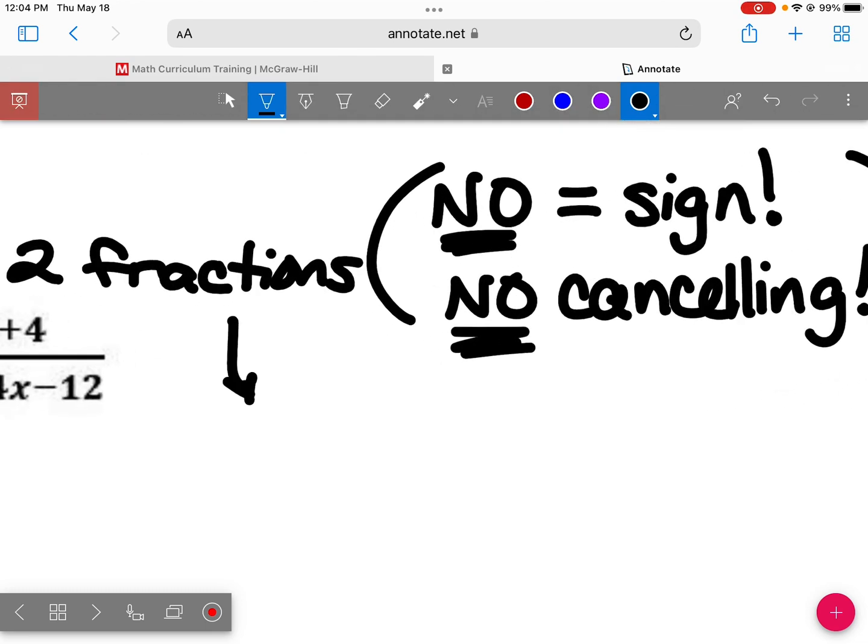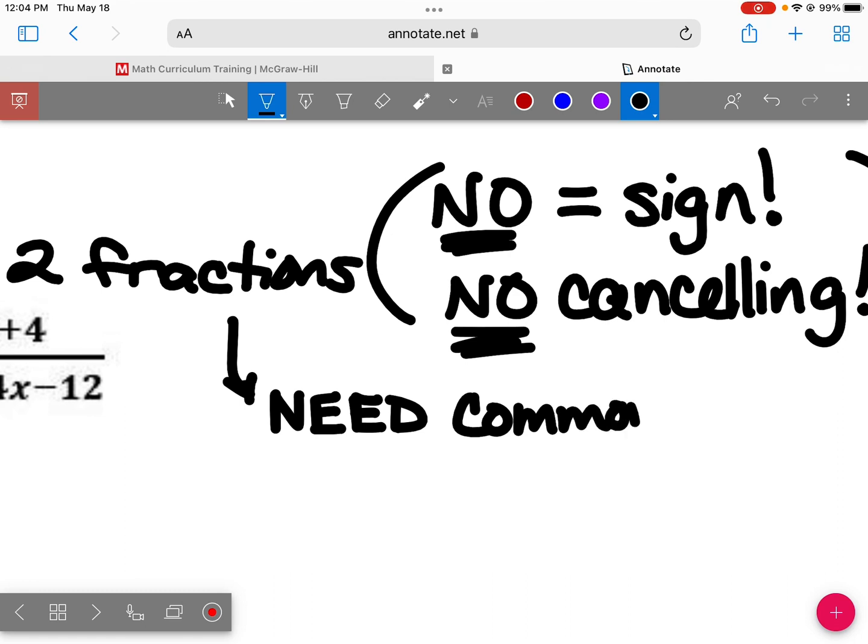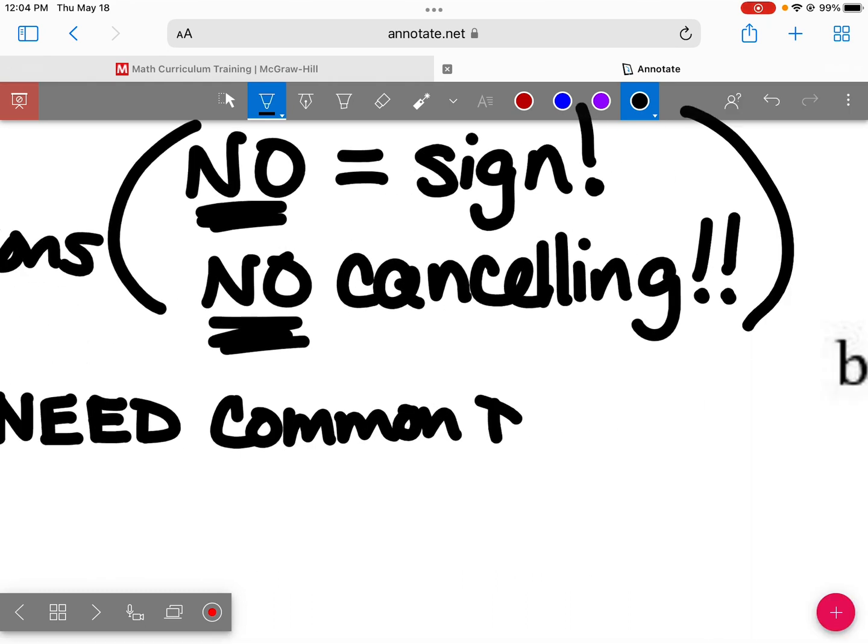If I'm going to add or subtract fractions together, what do I have to have? I need to have a common denominator. You're close. LCD means least common denominator. So it has that common denominator in there. We need a common denominator. The bottoms have to be the same, yes.